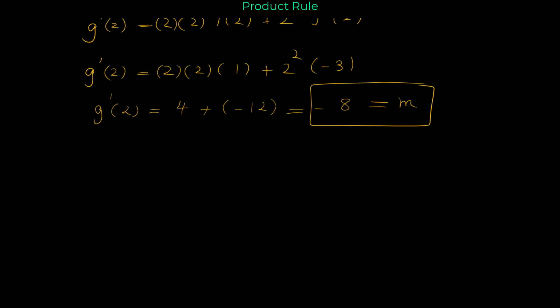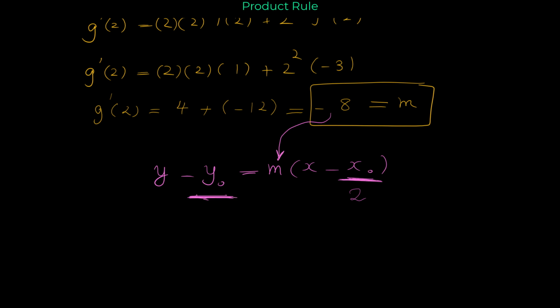But when we want to write the equation of the tangent line, let me remind you of the equation of a line in general. y minus y0 equals m times x minus x0. So far we know what m is. m is negative 8. And we want to find the equation of the tangent line at 2, so x0 is also 2. But what is the y value of the function?